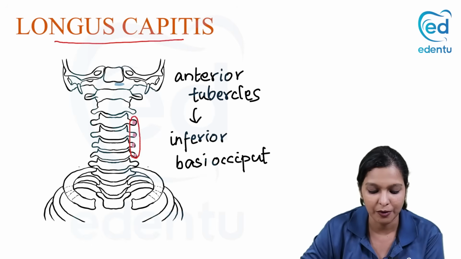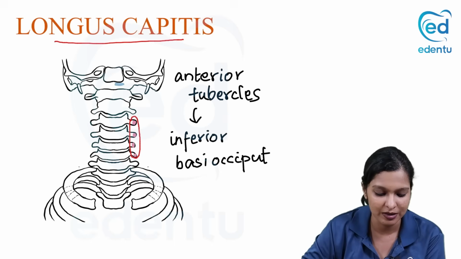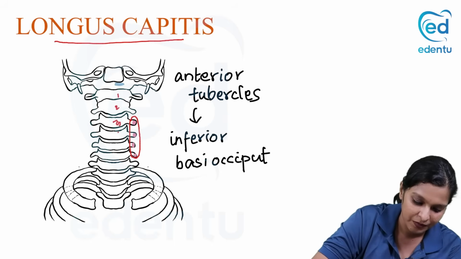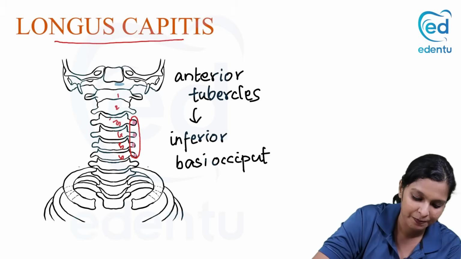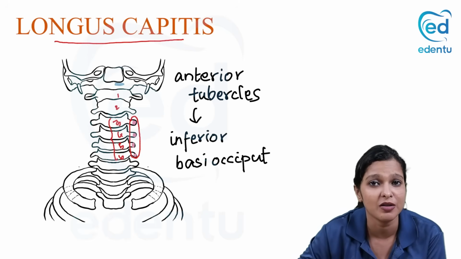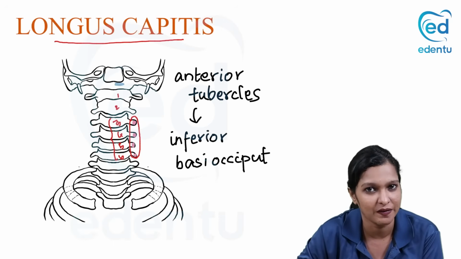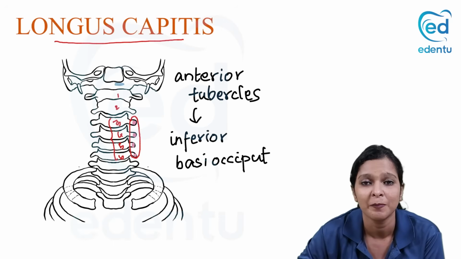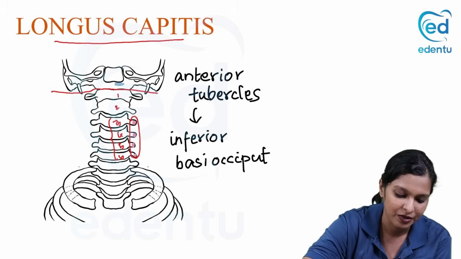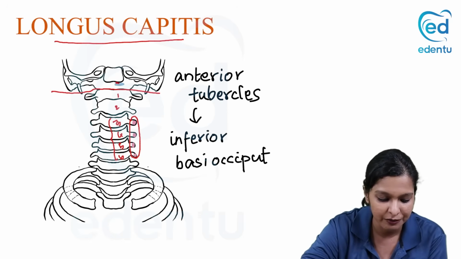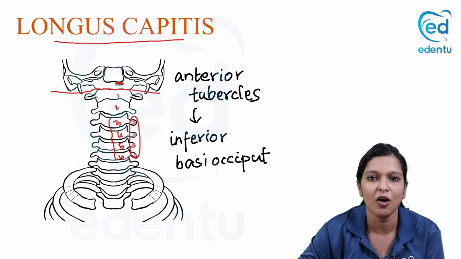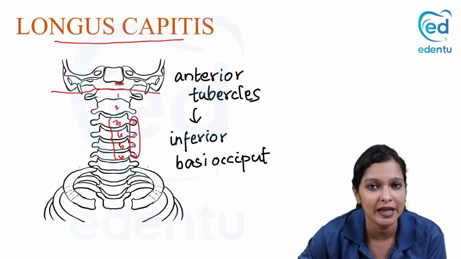It originates from the anterior tubercles of the transverse process of C3, 4, 5 and 6. That's the origin of this muscle. What is the insertion? This is the skull base, right? So it inserts into the inferior aspect of the base of the occiput, or the basilar part of the occipital bone. So that is the insertion.